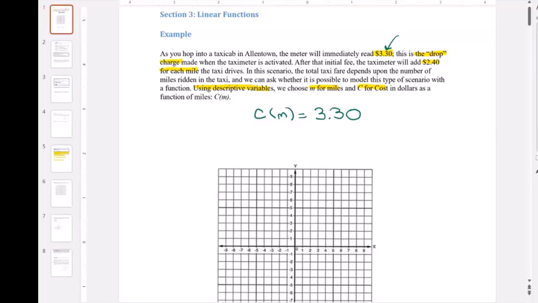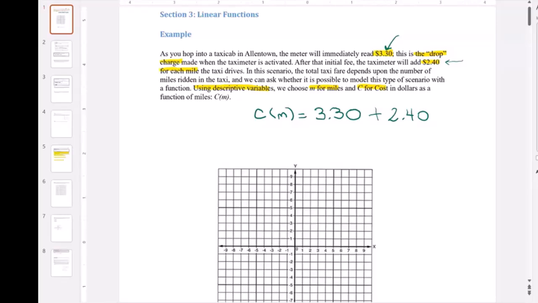Then for every mile that I have him take me somewhere, I have to pay $2.40. So if I went 1 mile, it would be $3.30 plus $2.40. If I went 2 miles, then I'm going to have to pay another $2.40. And for every mile that I go, I pay $2.40.